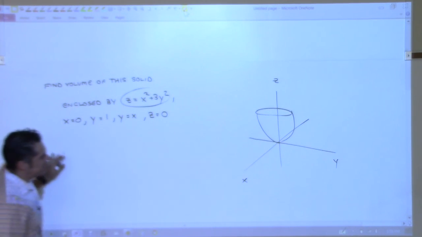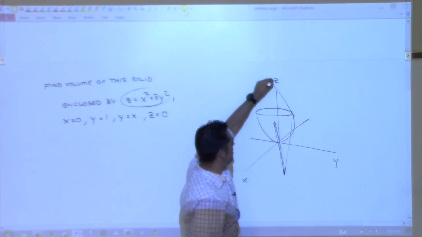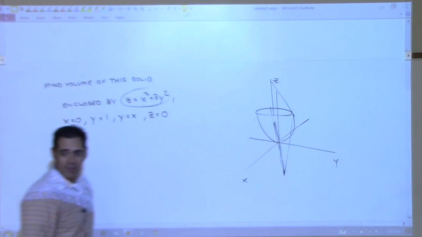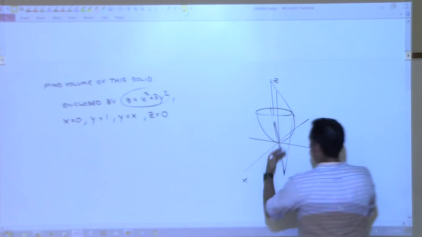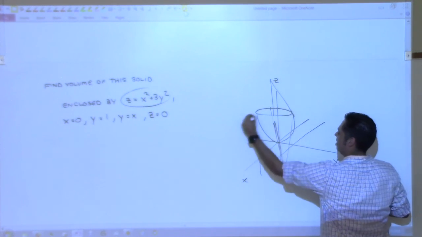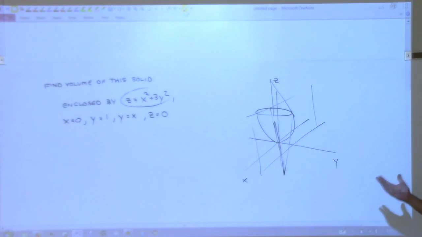Y equals x is a plane that cuts through this way. Boy, it's going to start to look like a disaster. Y equals 1 is a plane that cuts through this way. I mean, how do you draw this? This is difficult to draw.